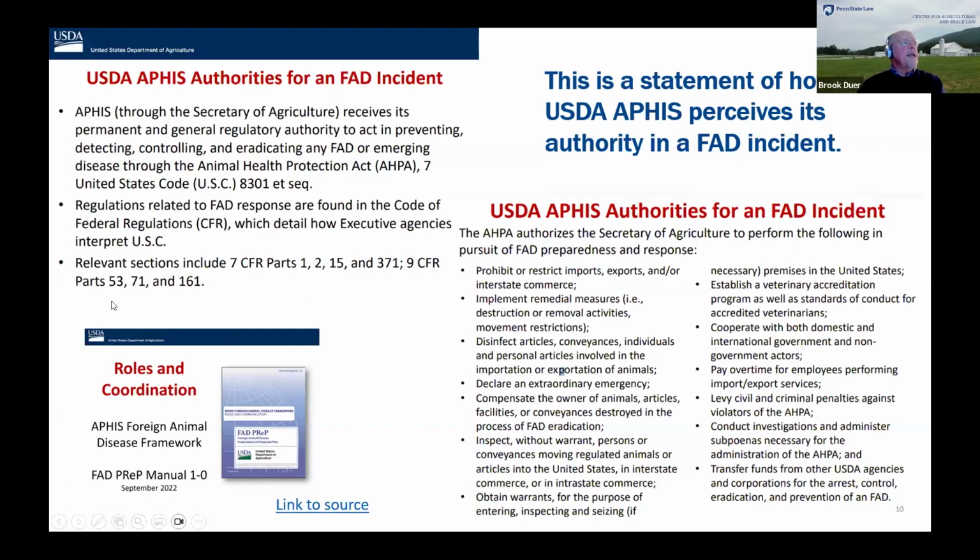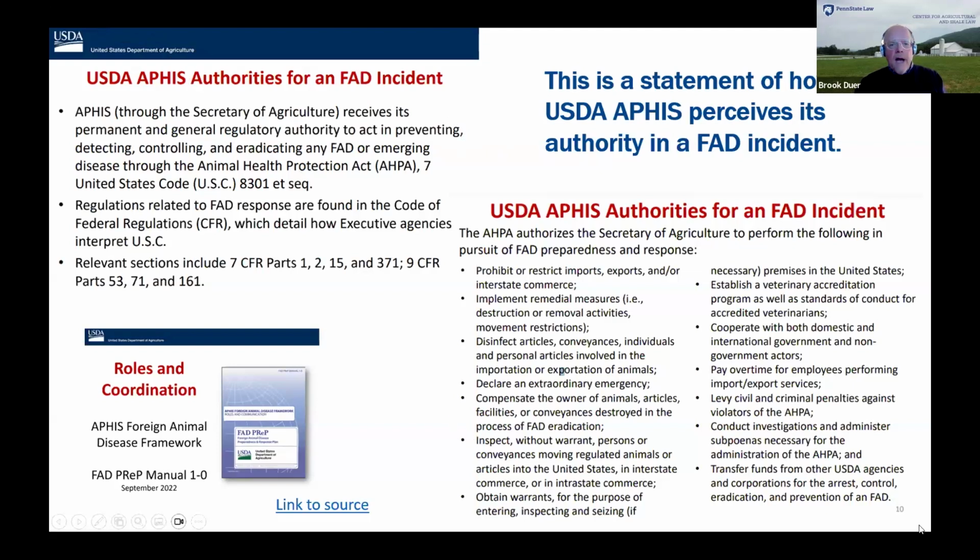The word foreign there just means it's not something we live with as a constant in that particular livestock. The idea that it came from overseas is not really attached to that terminology any longer. Maybe at one time it was, I don't know.